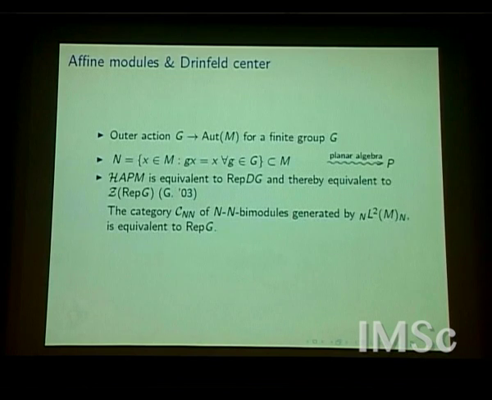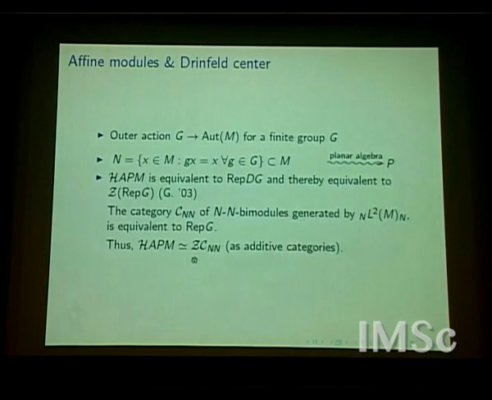So you take the tensor products of L2M NN and take the contragradients and take all the submodules on these higher tensor powers, and that will form a tensor category. Let us call that CNN, the NN bimodule category. And it is a standard fact, if you take this particular subfactor, then this bimodule category is equivalent to the representation category of the group. So you can replace this representation category by the bimodule category. So this is what we have.